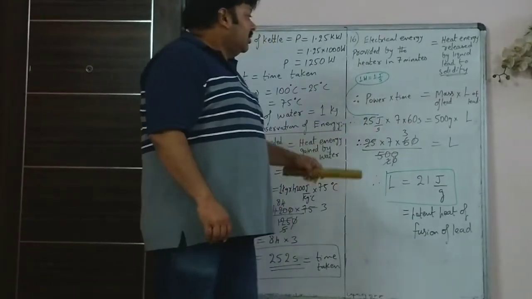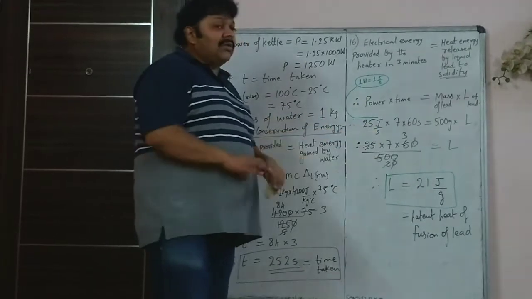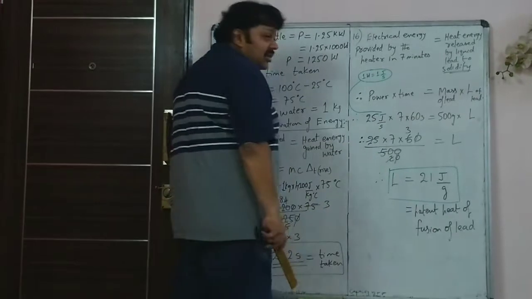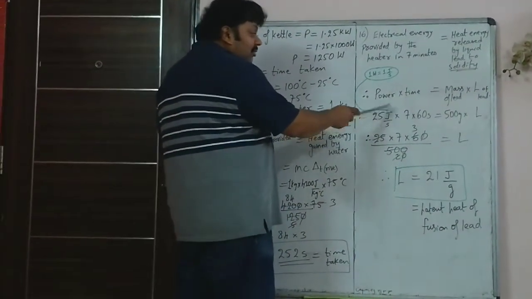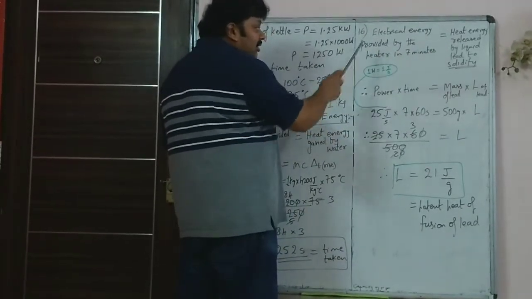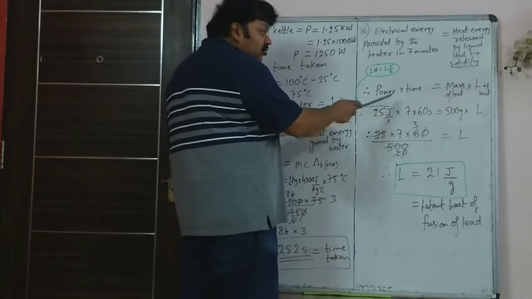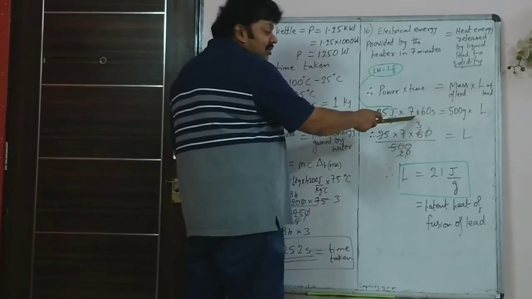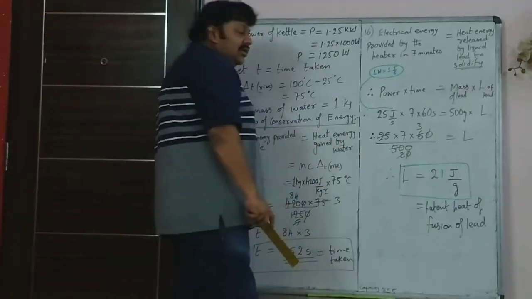Power is given, 25 watt. Now 1 watt is joule per second. Why I have written this is so that when you have to write the unit of latent heat, it is easy for you. This is actually 25 watt, the power of the heater. But then watt is joule per second, into 7 into 60, because 7 minutes is 7 into 60 seconds.